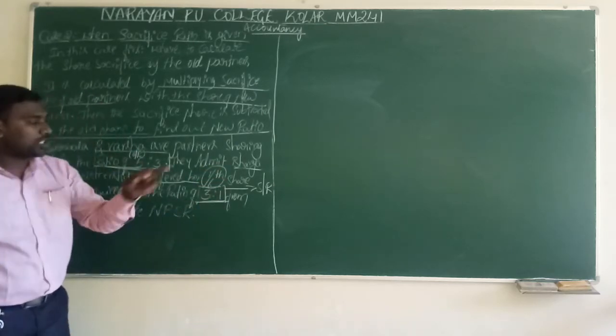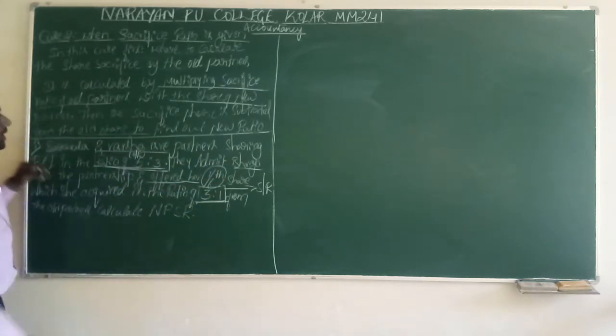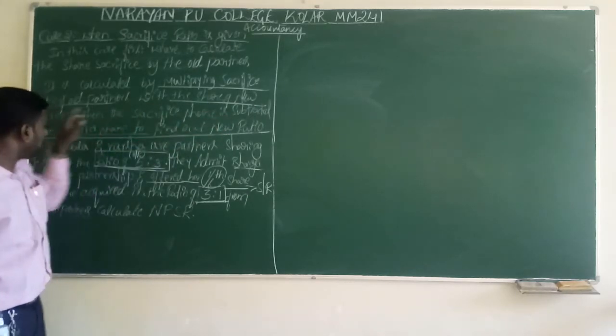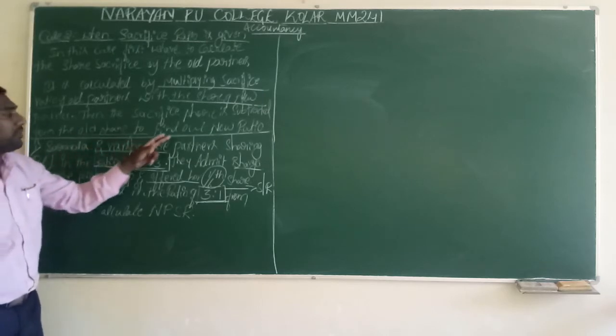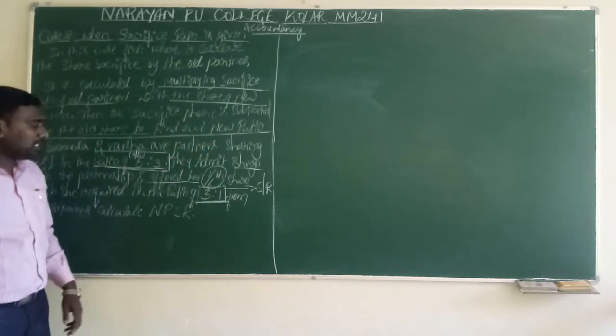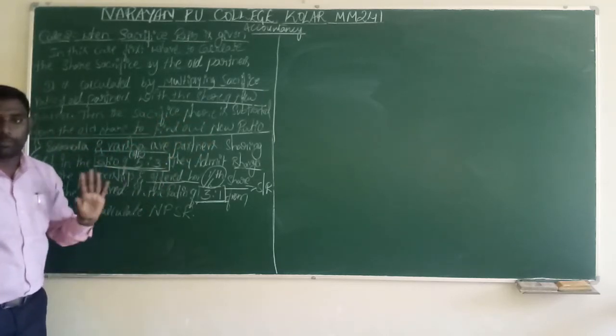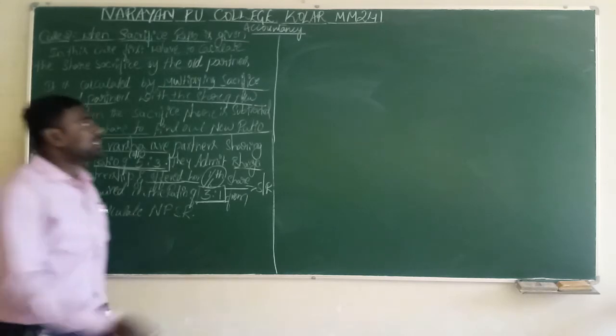Later, with the help of that share sacrifice, the sacrificed share is subtracted from the old share to find the new profit sharing ratio. We have to follow a particular step. Let's move to the solution.